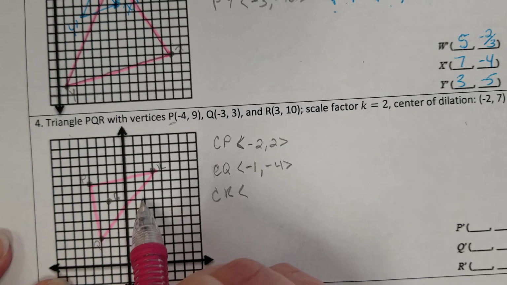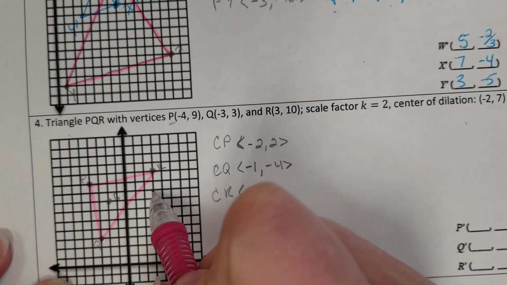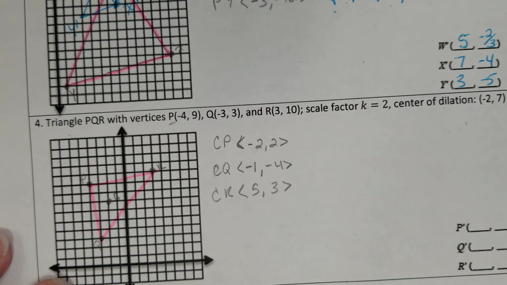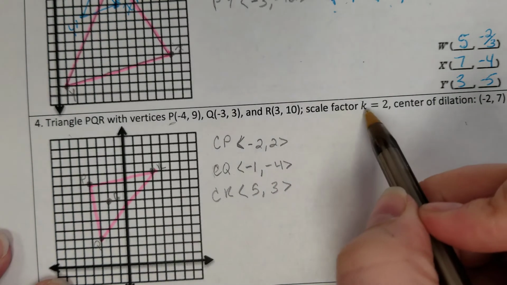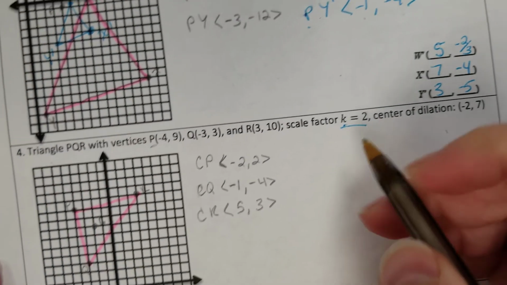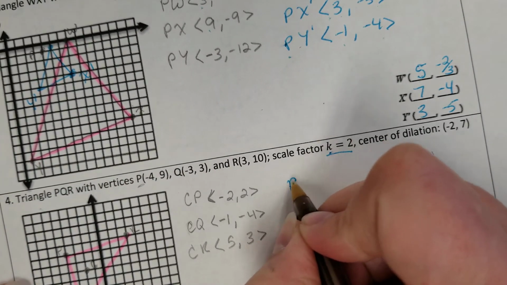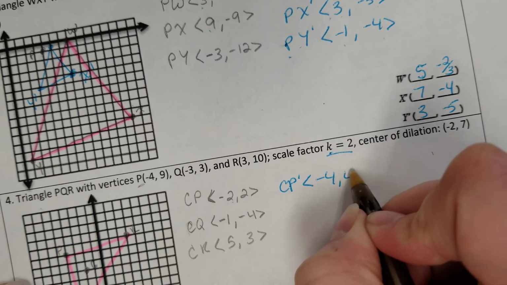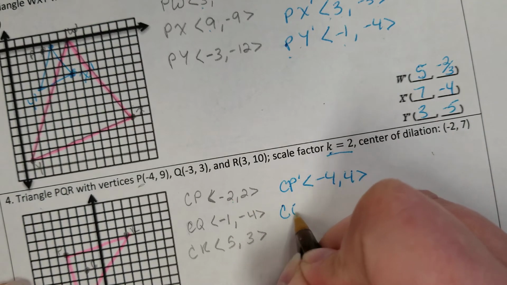So 1, 2, 3, 4, 5, and then up 1, 2, 3. So we have 5, 3. All right, so now we have a scale factor of 2. So we have C to P prime. So we're going to multiply these by 2. So -4, 4. And then C to Q prime.